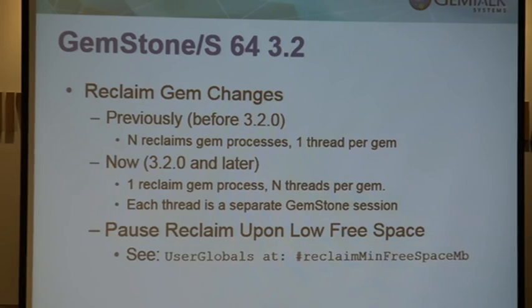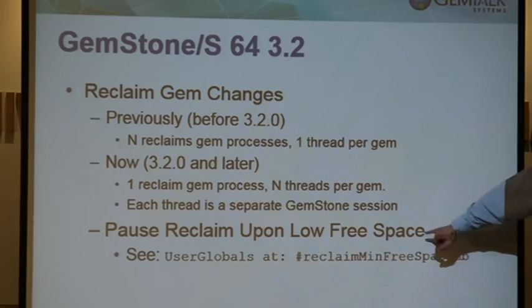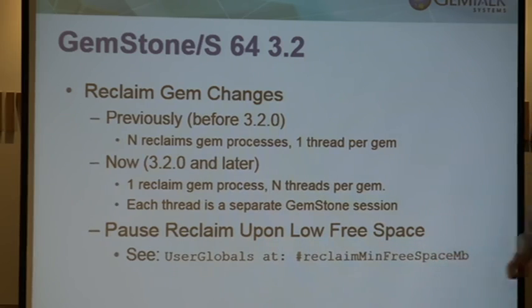And it was causing lots of alarms to go off in the system admin place. And yes, excitement. But we actually have a new feature that says, stop that garbage collection activity if space gets low. It will keep everybody a lot happier.